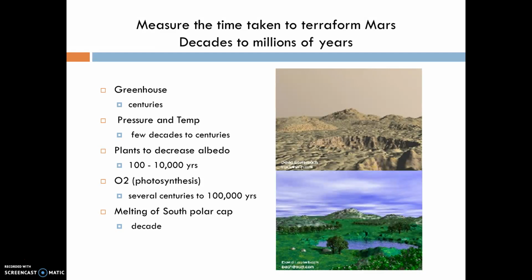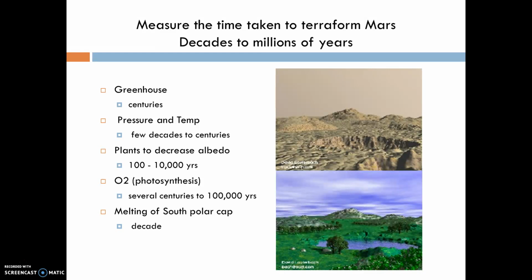But get this, to have the whole planet oxidized with oxygen would take several centuries to 100 millennia. We won't be able to survive that long to see the day where Mars can be just like Earth. But there's one thing that we can see, which is the melting of the South Polar Cap.